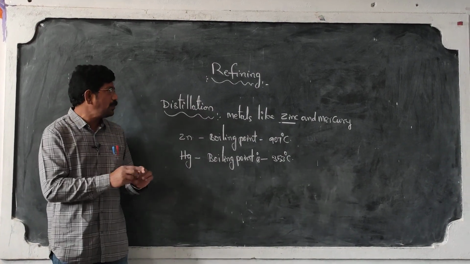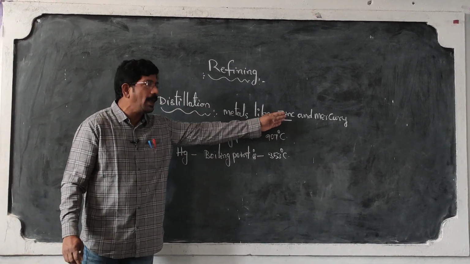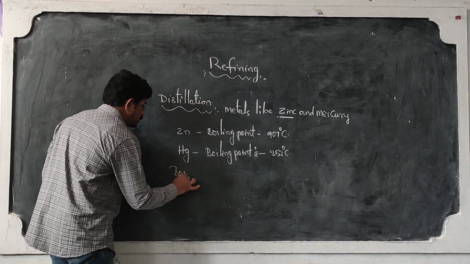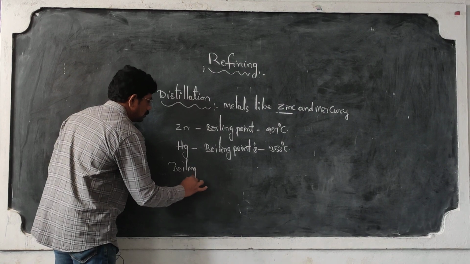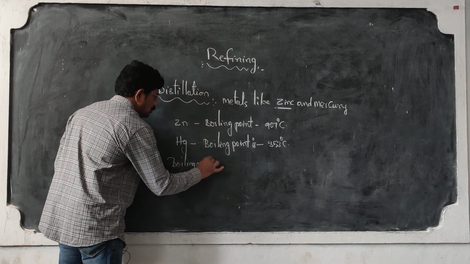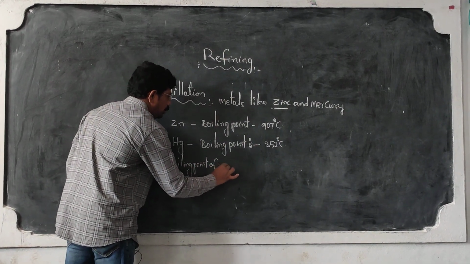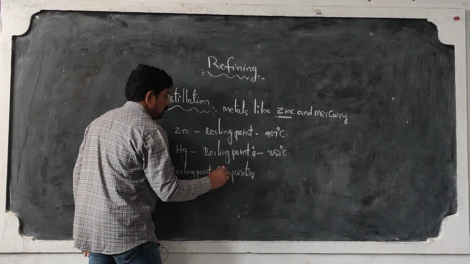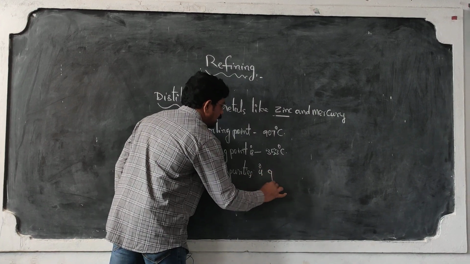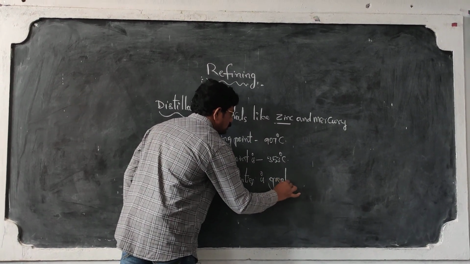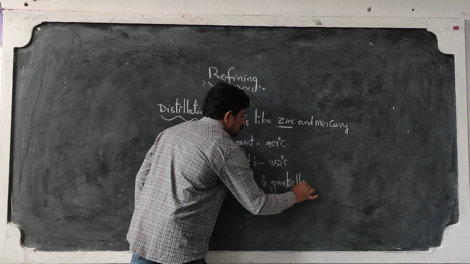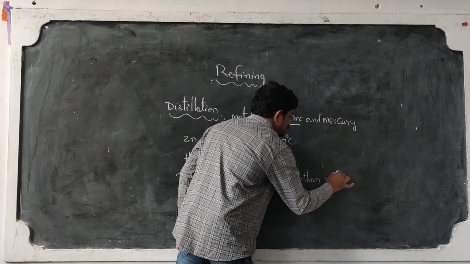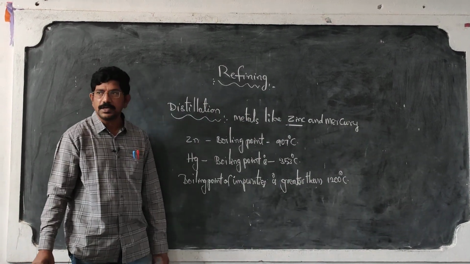But the impurities present in these metals, zinc, mercury and cadmium, have a boiling point greater than 1200 degrees centigrade.